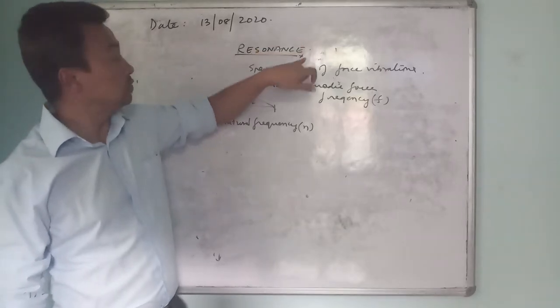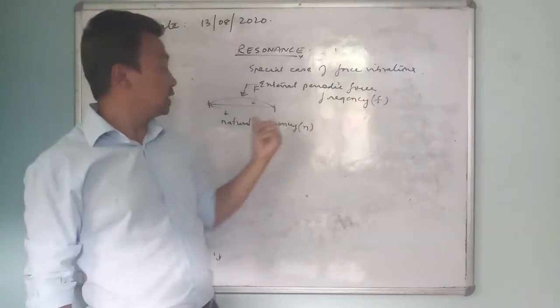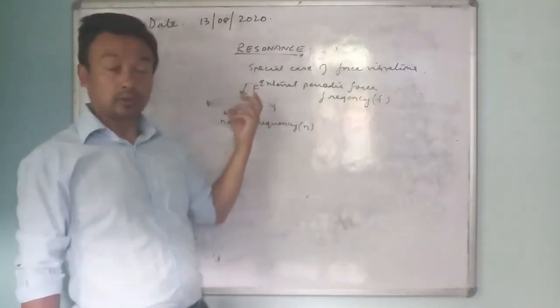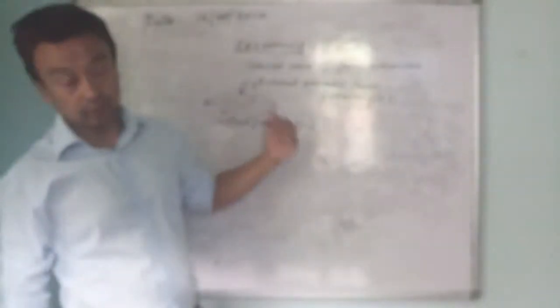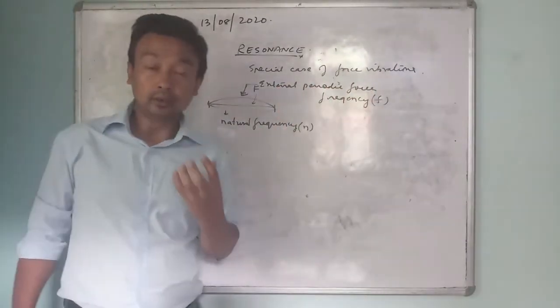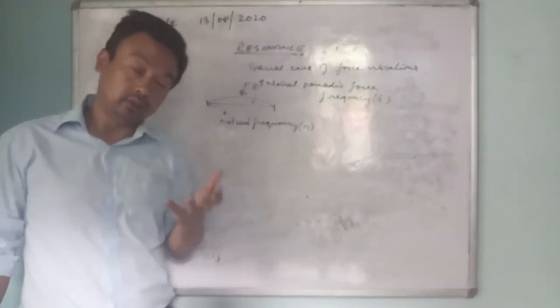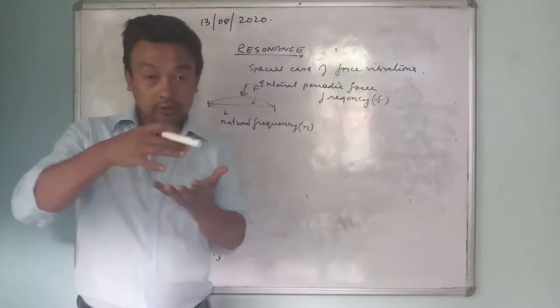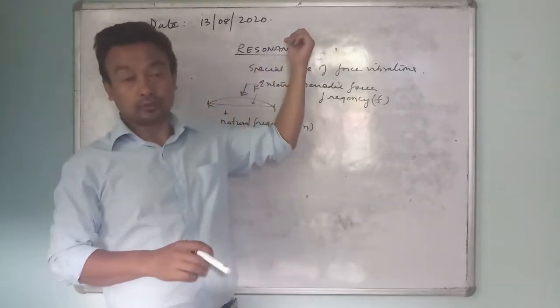So in case of resonance, when the natural frequency of the vibrating body becomes equal to the frequency of the external periodic force, then the body will start vibrating with increased amplitude, and when the amplitude increases, a loud sound is heard. So that is resonance.